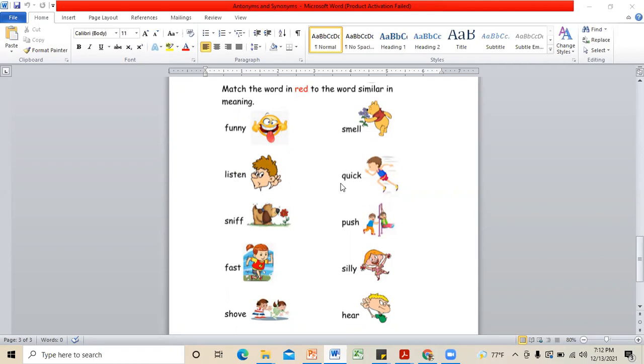So can someone tell me what is the similar word we have out of these 5 words to the word funny? If anyone knows, you can raise your hands. Okay. All right. Bhashita, would you like to try? What is the similar word to funny out of these 5 words? Can you try?